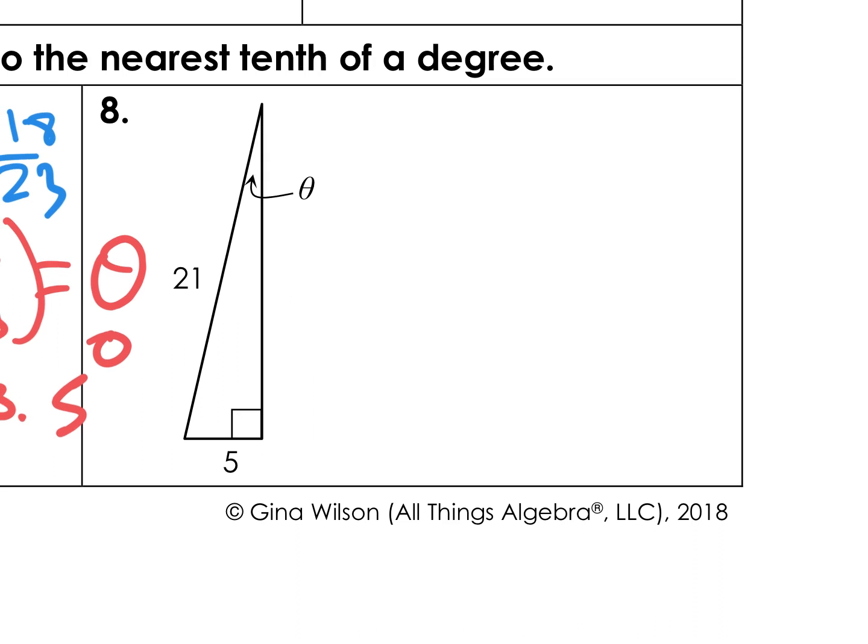Tell me about it. So now, there's my theta up here. Hypotenuse and opposite. I have a hypotenuse and I have an opposite. What trig function is that? Isn't that a sine?